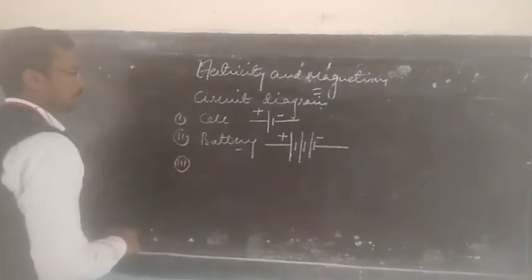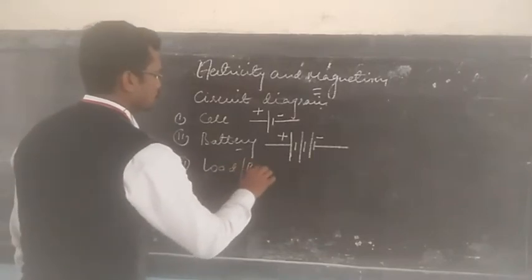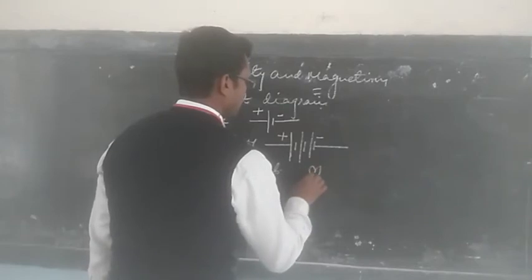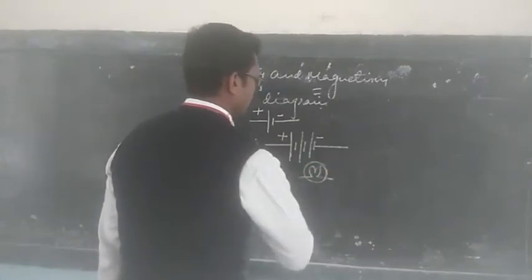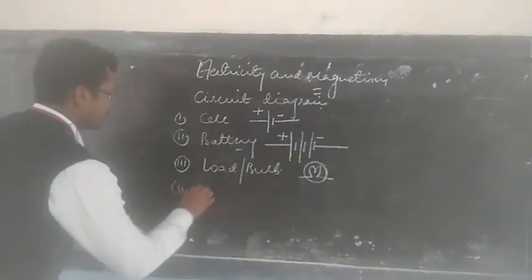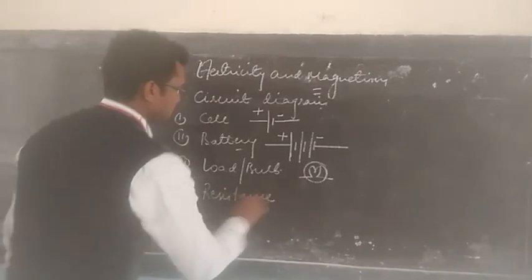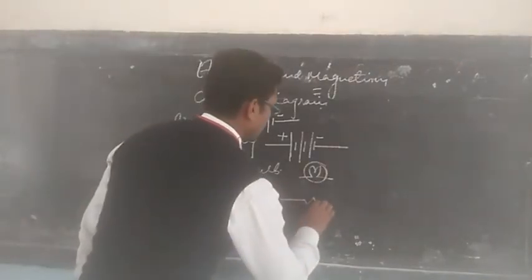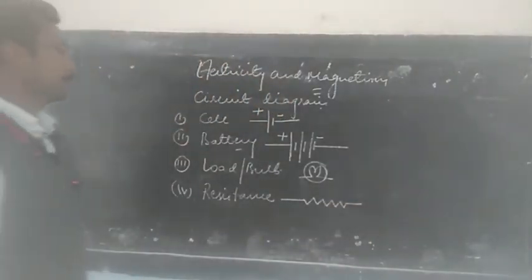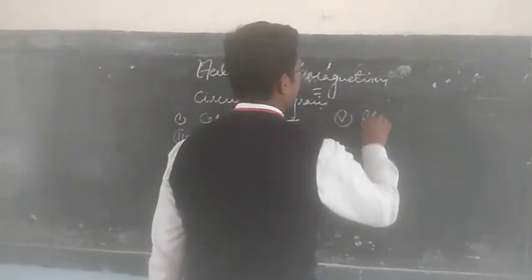Then we can have load, which can be a bulb also. We can show the bulb with this diagram. Coming to resistance, it can be shown using this symbol. Then rheostat.